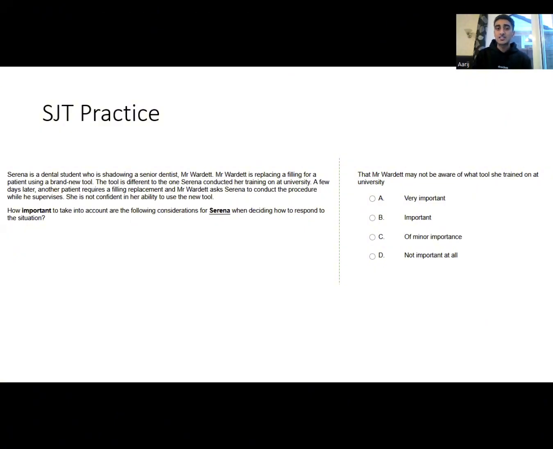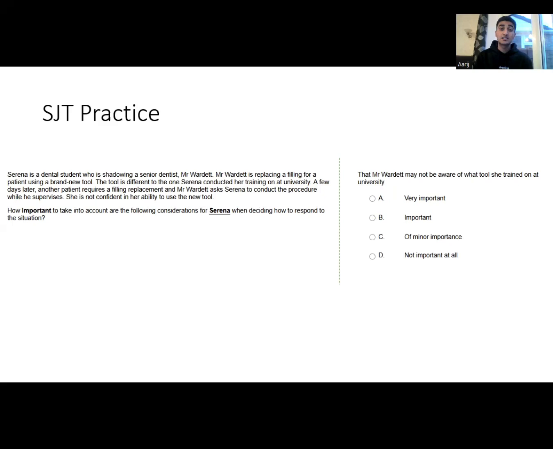What I'm going to do for the SJT is I'm just going to give you the reason why I've selected a certain answer and explain my reasoning behind it, if that makes sense. So for this one, I went for B, which is important. And the reason it's important is because both Mr. Warder and Serena are responsible for ensuring patient safety. We know in healthcare that patient safety is basically one of the pillars. It always comes first. So even though Serena has not been trained on the tool, it is still her responsibility to discuss her expertise and limitations with the clinical supervisor.